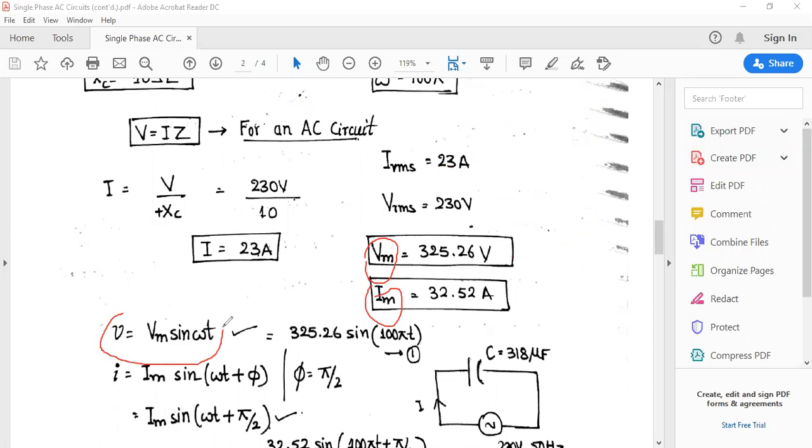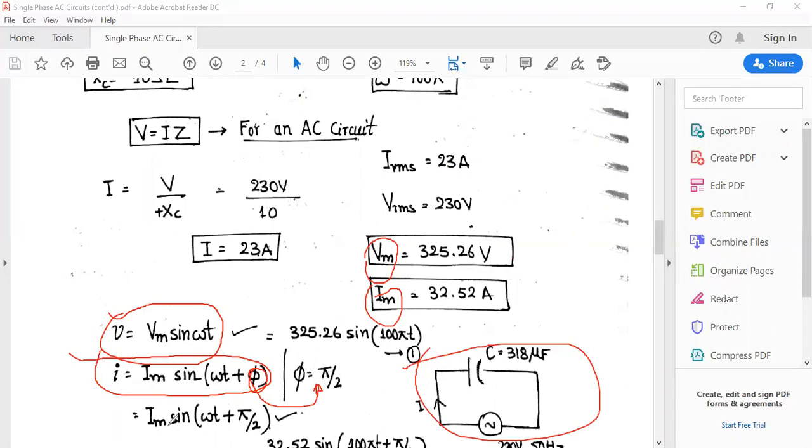So the instantaneous voltage is given by v is equal to Vm sin omega t, and it is a C only circuit, which has been given as a pure capacitive circuit. So this is the circuit. The value of phi is said to be pi by 2. So this is the value of the instantaneous current.